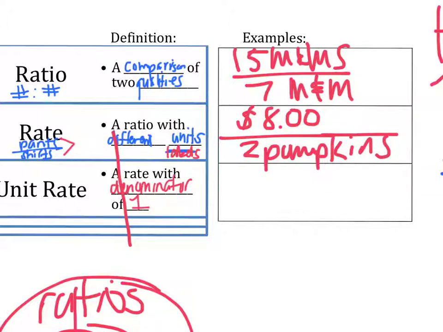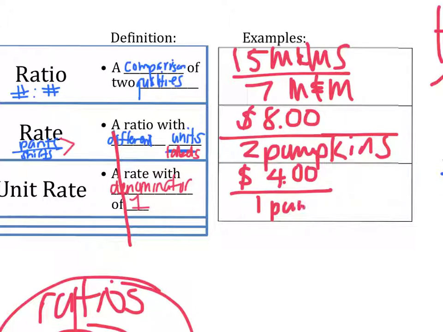These have two different units. On the top I have dollars, and on the bottom I have pumpkins. So dollars is different than pumpkins. But for ratios, it's okay to have the same label on the top, M&Ms and M&Ms. This is still a comparison no matter if they're the same or different. Now for unit rates, we're going to still use that pumpkin example. Each pumpkin in the example above was $4.